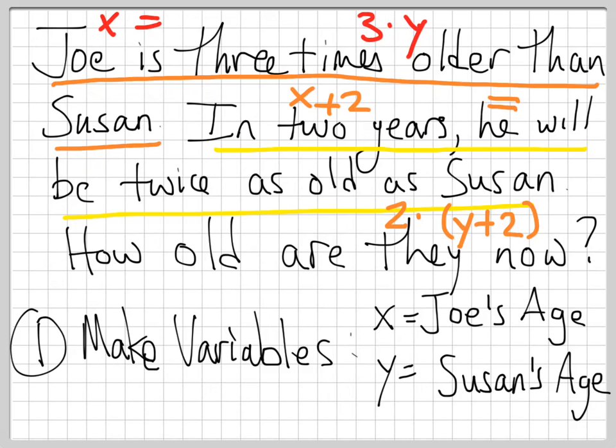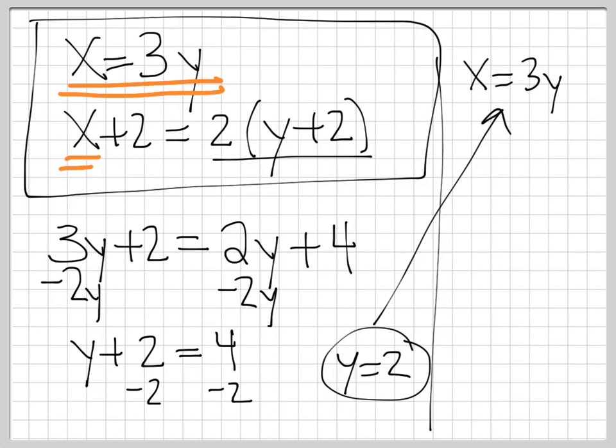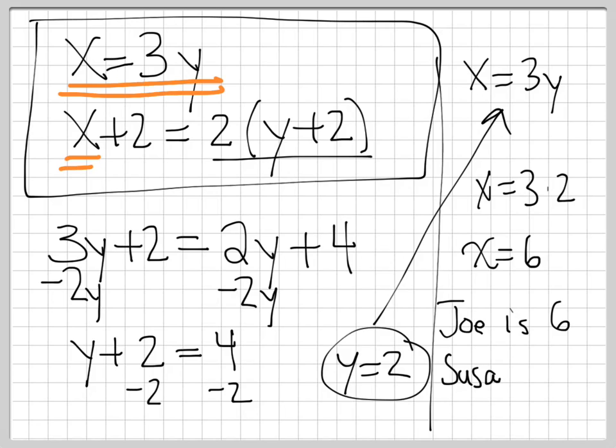Now look, that's Susan's age. Susan's age is 2. So how old is Joe? Well, look at the equation x equals 3y. That's going to help us, isn't it? We can plug this in, and we get x equals 3 times 2, and so x equals 6. And so Joe is 6, and Susan is 2.